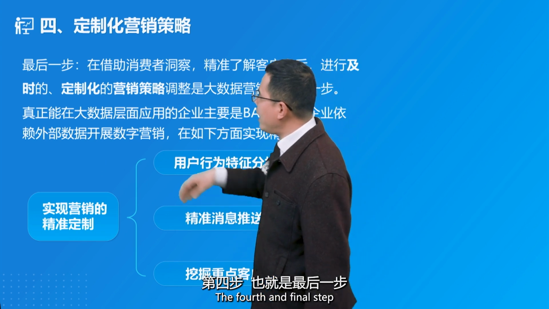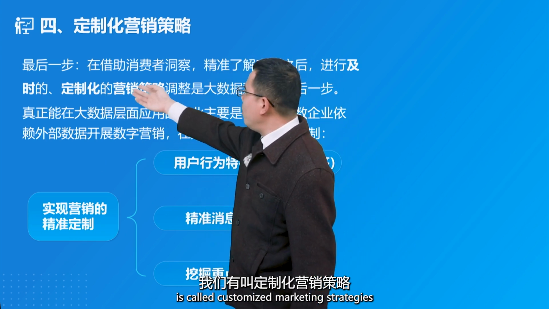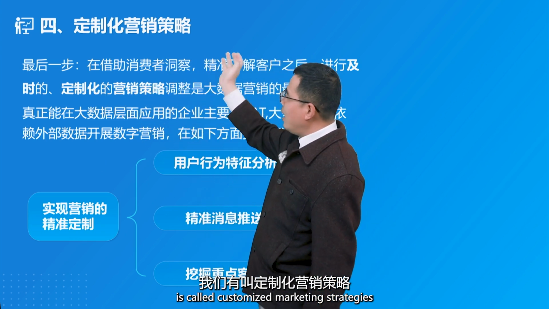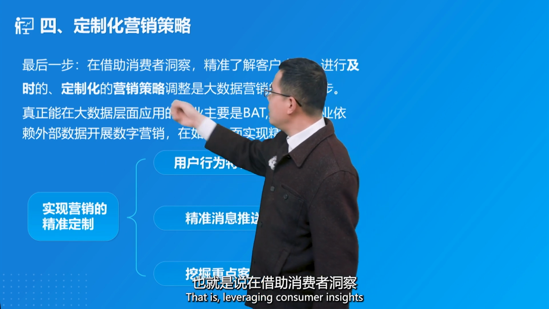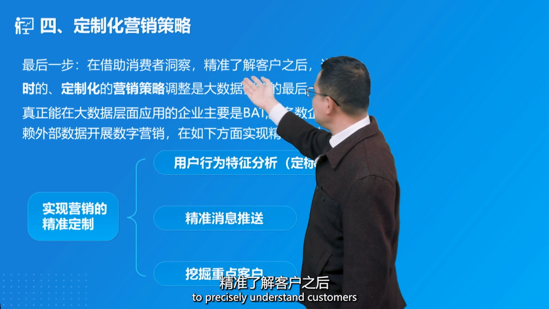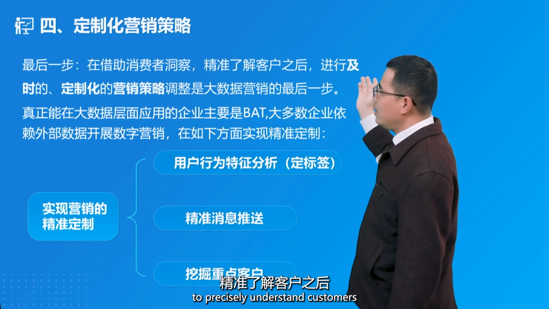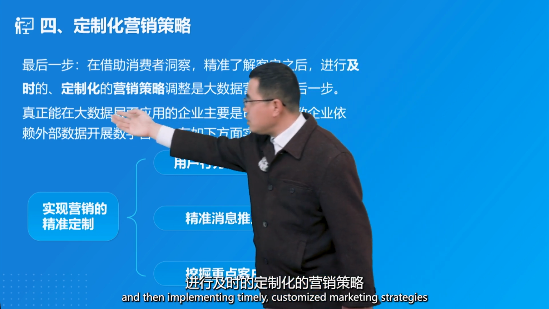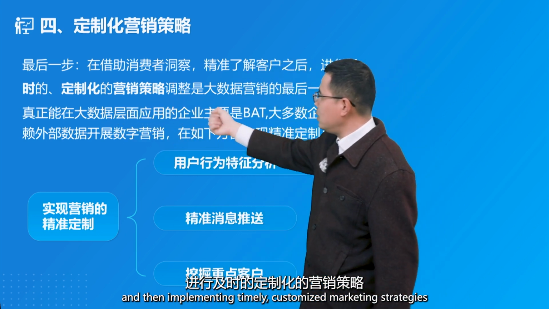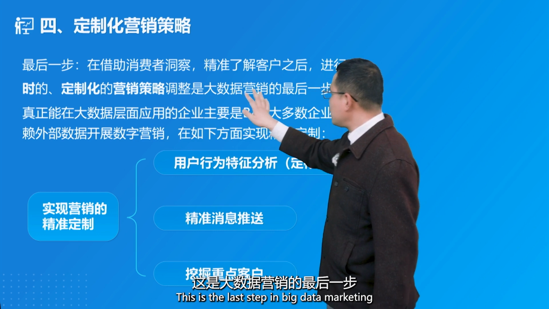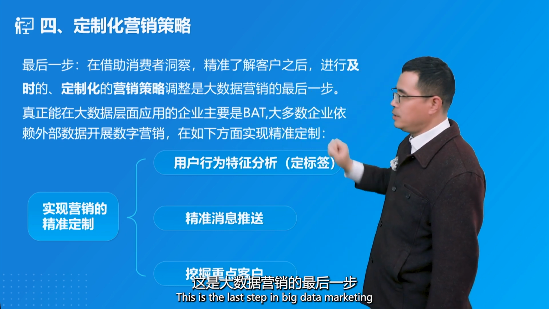The fourth and final step is called customized marketing strategies. That is, leveraging consumer insights to precisely understand customers, and then implementing timely, customized marketing strategies. This is the last step in big data marketing.